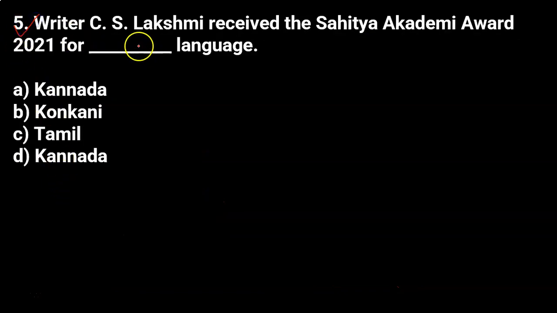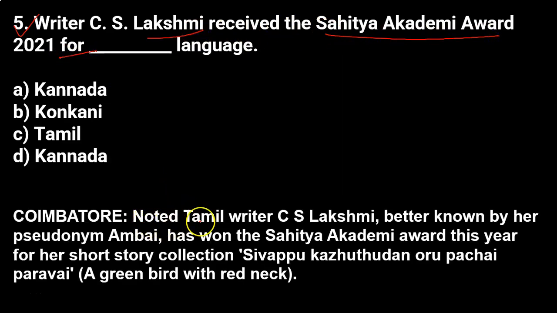Now the fifth question is, writer C.S. Lakshmi received the Sahitya Akademi Award 2021 for which of the following languages? So friends, Tamil writer C.S. Lakshmi, better known by her pseudonym Ambai, has won the Sahitya Akademi Award this year for the short story collection Sivappu Kazhuthudan Oru Pachai Paravai, and its English name is A Green Bird with a Red Neck.